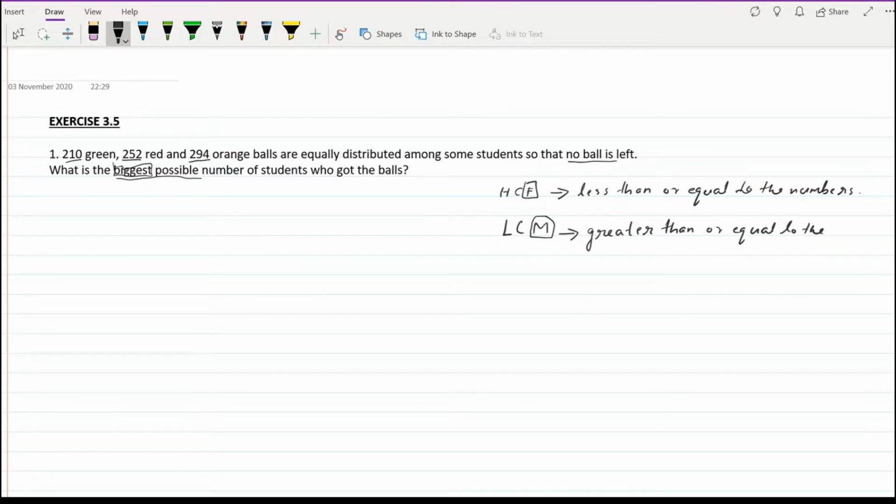These are the two concepts, the properties of HCF and LCM, that I have noted down here.